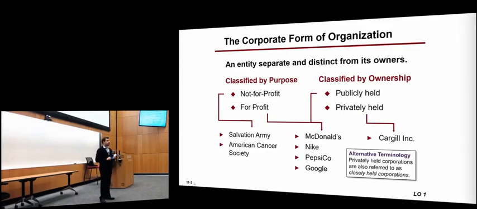But you are right, companies are usually classified by industry as well. Whether or not their main goal is to make money. Exactly. So when we talk about classification by purpose, it simply means are we talking about a company or a corporation that is created to make money, that's a for-profit company, or not-for-profit corporations.